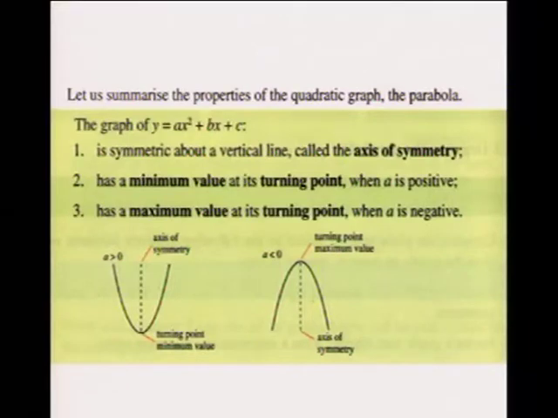If you look at your diagrams, when a is greater than 0, at the turning point it has a minimum value. If a is less than 0, for example minus a half or minus 6, then the turning point is a maximum value. Your graph will look like the second one. And there you see the axis of symmetry, the line that is drawn.